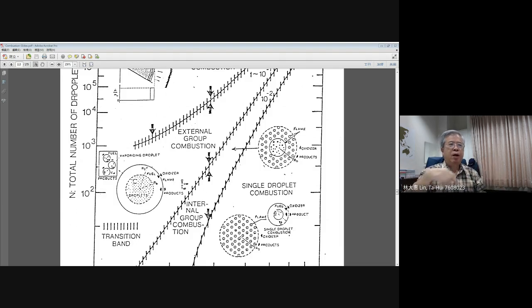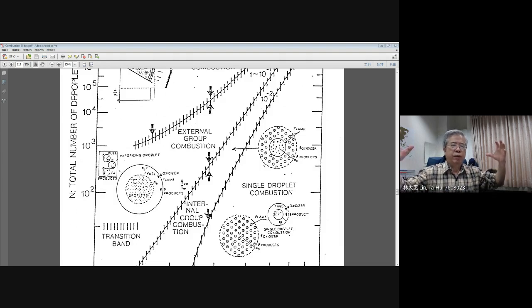If the supply of fuel vapor becomes less, your diffusion flame will move toward the spray boundary. If there is no strong support to push your diffusion flame out of the spray cloud, then this flame will penetrate and move into the interior of the spray cloud.